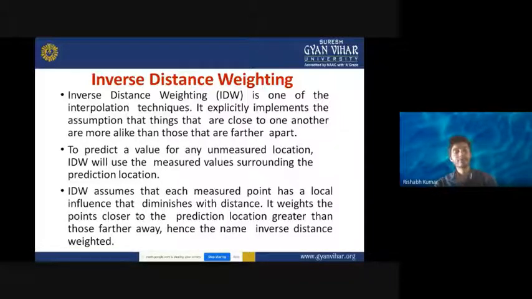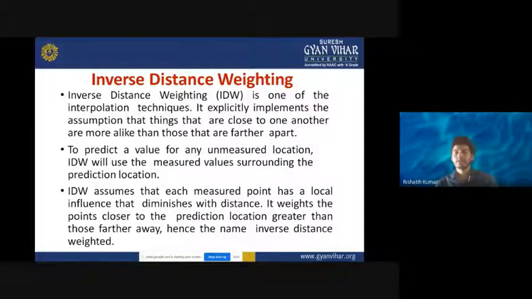So IDW assumes that each measured point has a local influence that diminishes with distance. तो अगर आपका measured point आपके prediction location से जितना पास होगा उसका उतना influence होगा, ठीक है. और जो measured point आपके prediction location से जितना दूर होगा, the farther it is, the less influence it has on the value at the prediction location.